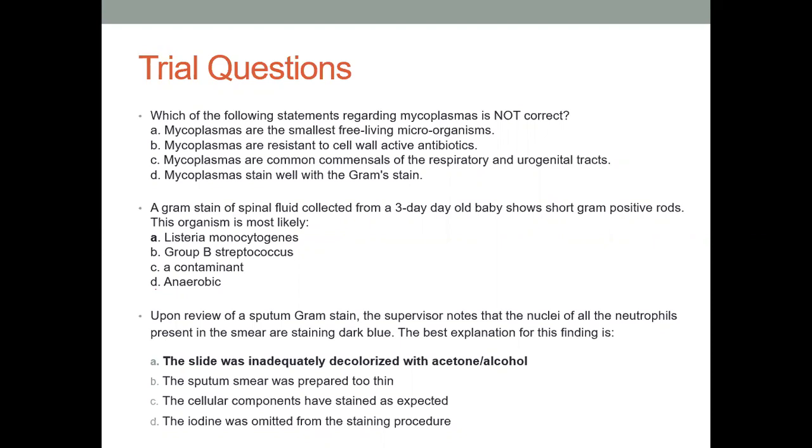In the normal CSF, our emphasis has always been on strep pneumoniae, Haemophilus influenzae, and what? Who can help us with the classical organisms that we're looking for in CSF?